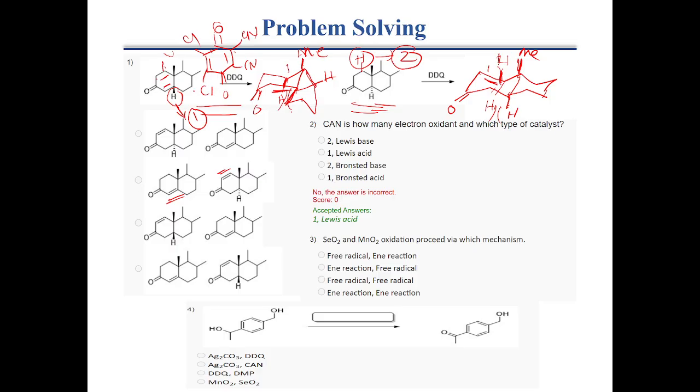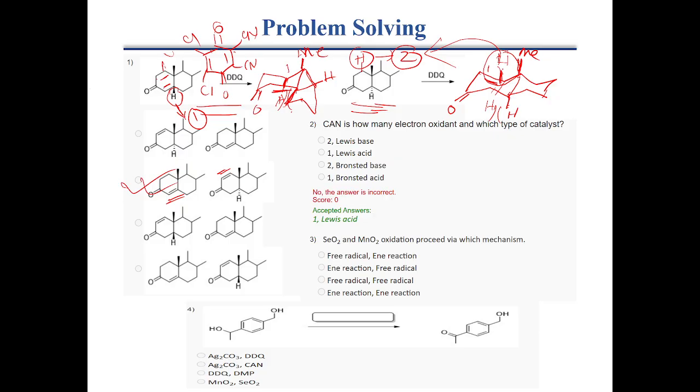In the cis form, due to steric interaction with the CH2, the hydride donation by this hydrogen to DDQ is hindered. In the trans form, there is no such steric hindrance, so this hydride is free and can easily donate to DDQ. That's why B is the right answer.